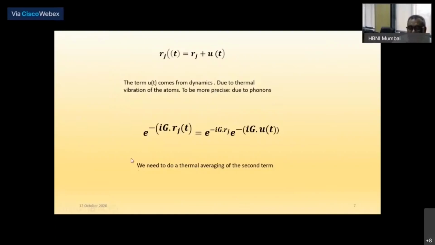So I need to evaluate e to the power minus i G dot R_j(t) for the lattice, which is nothing but e to the power minus i G dot R_j and e to the power minus i G dot u, which is a function of time. And this time average is nothing but a thermal average, because temperature is what gives this oscillation.